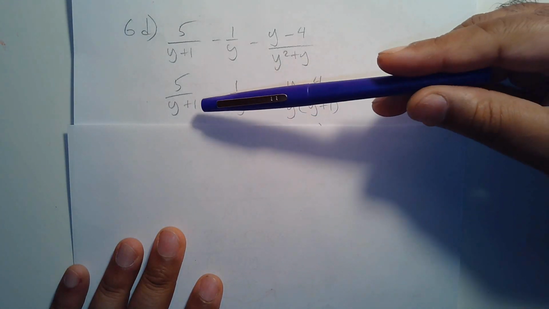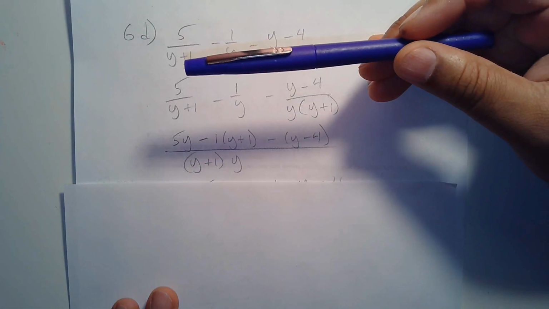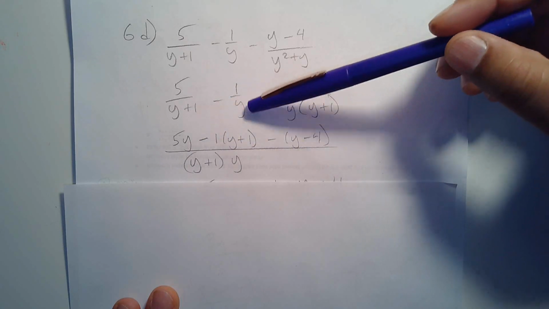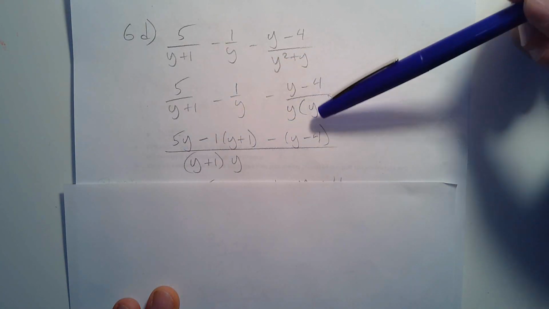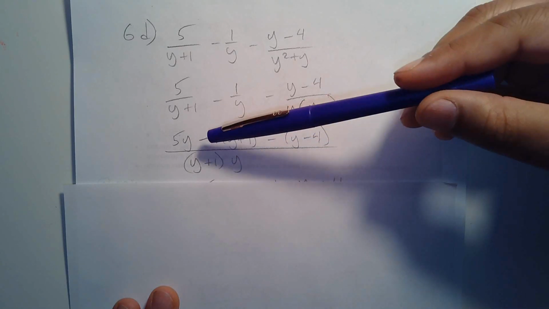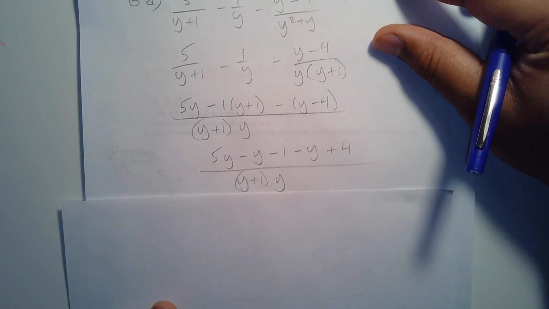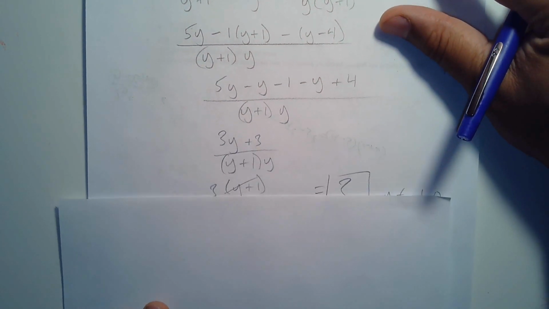This one's missing the y, and this one's missing the y plus 1. So the 5 we multiply by y, the negative 1 we multiply by y plus 1, and this y minus 4 is good as is. There's the complete bottom denominator, and then you can multiply all that out and put it together.